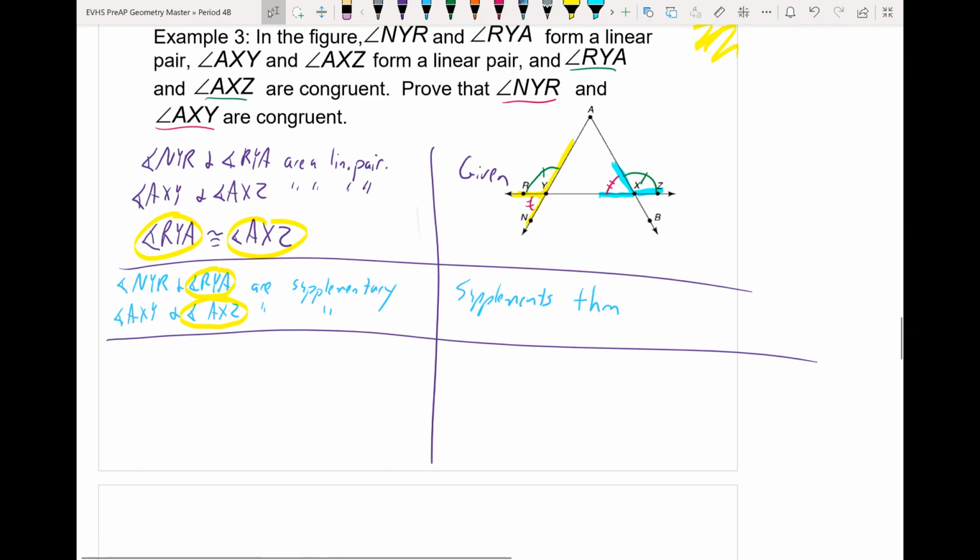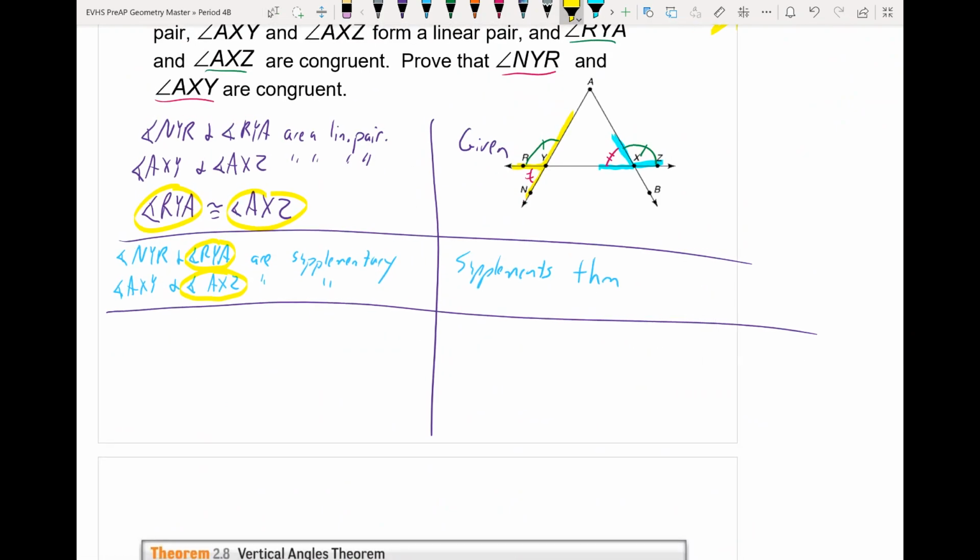So since NYR and AXY are supplementary to congruent angles, then angle NYR is congruent to angle AXY, and that's by the congruent supplements theorem. So I've proven that NYR and AXY are congruent. There is a QED.